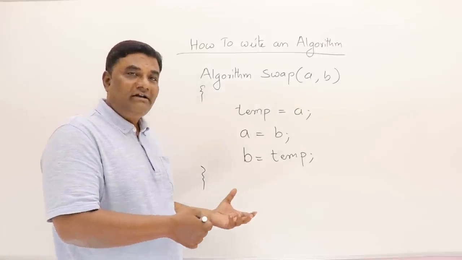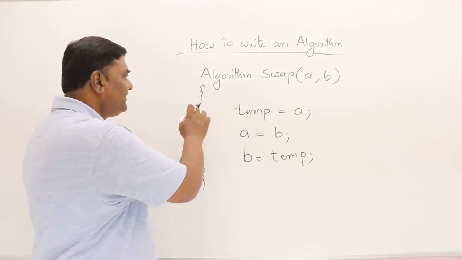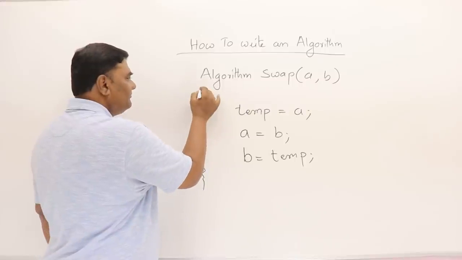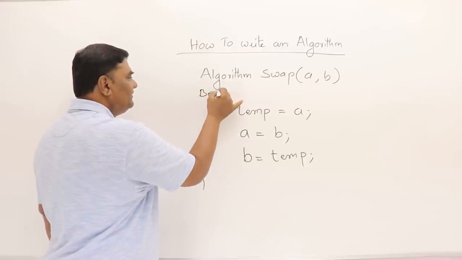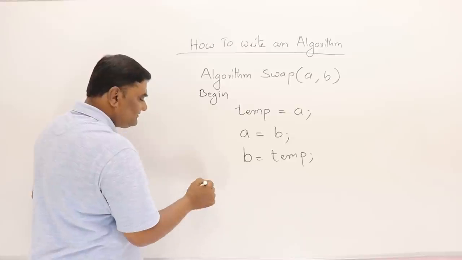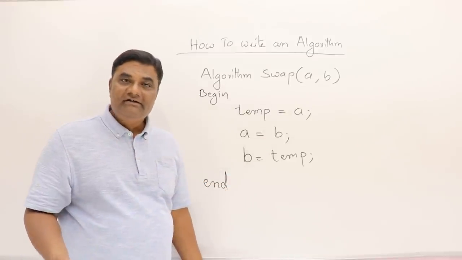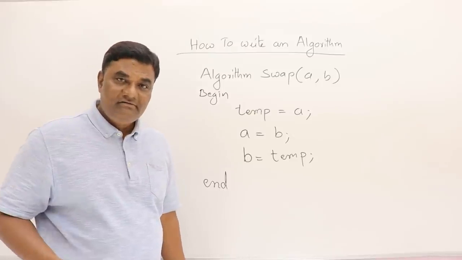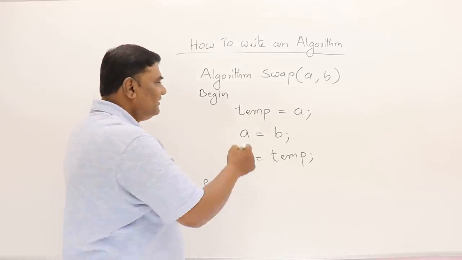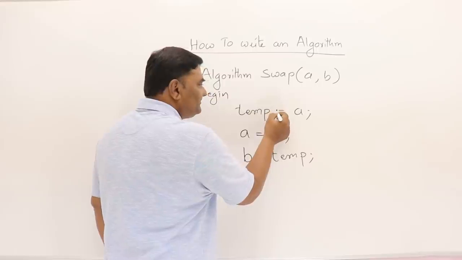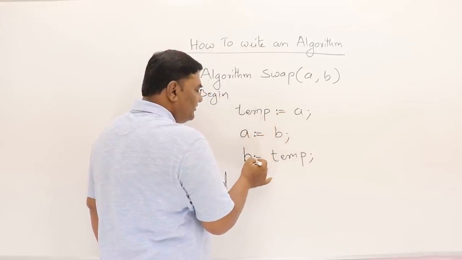Now, if you want to write in a different way, you can say this as begin and this as end, instead of curly brackets. Next, you can use this symbol also for assignment.